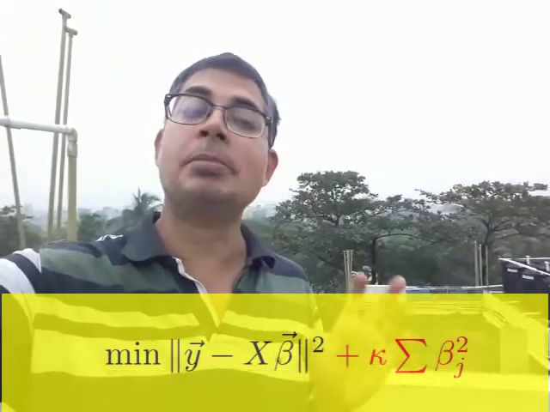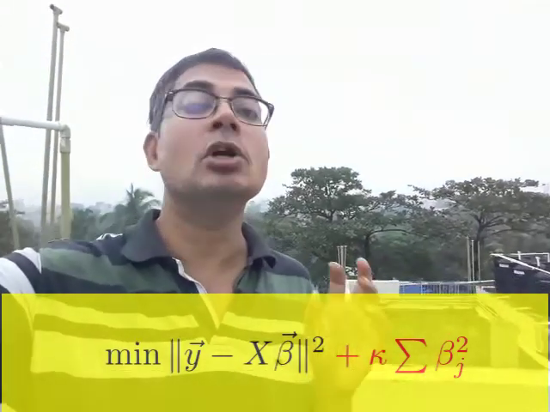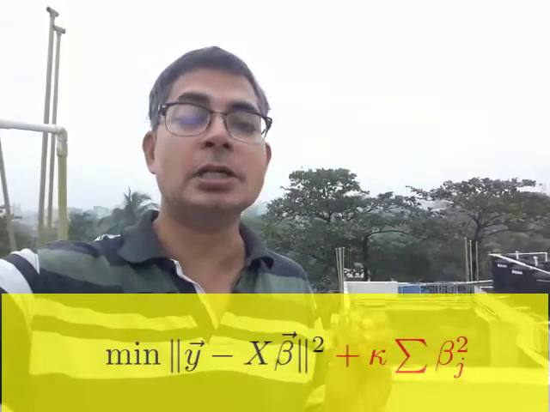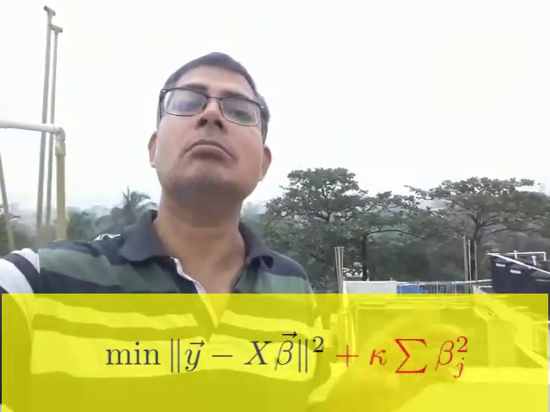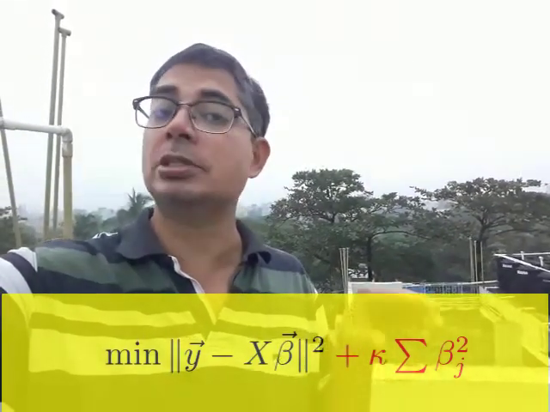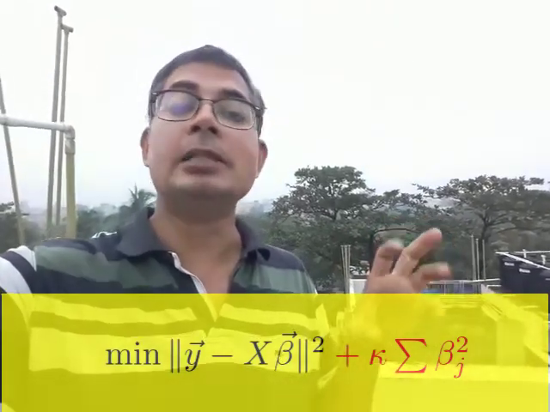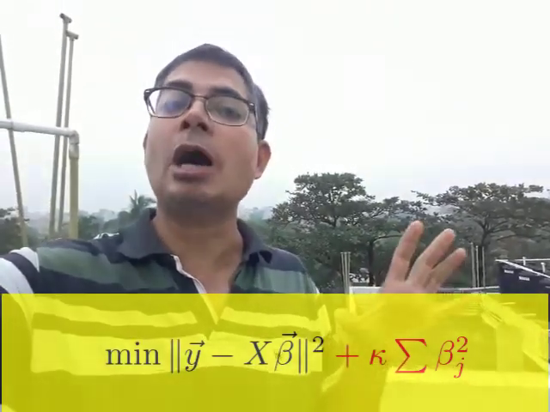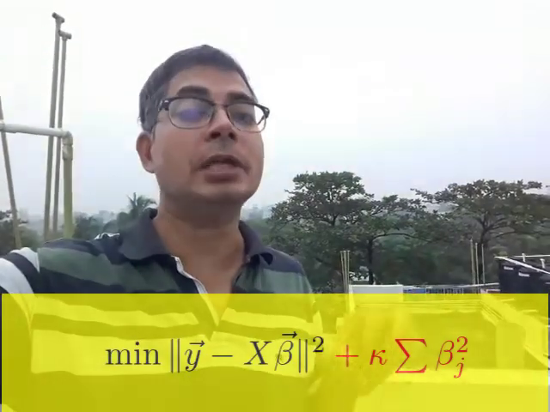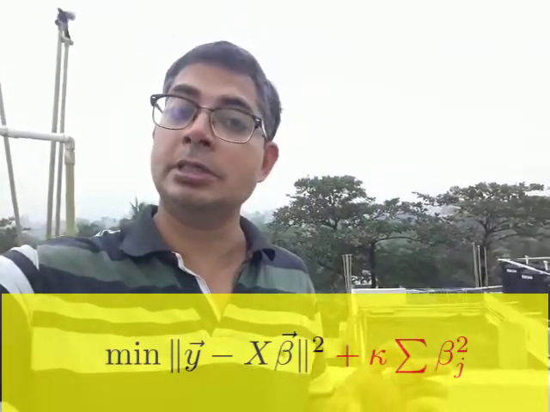The same thing happened in the Bayesian case, where we put the condition that the betas are more or less centered around 0, because the prior said the mean was 0, and the variance tau square controlled how far from 0 we allow it to go. Here also it is the same idea.